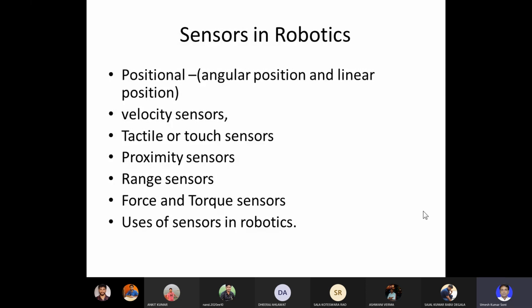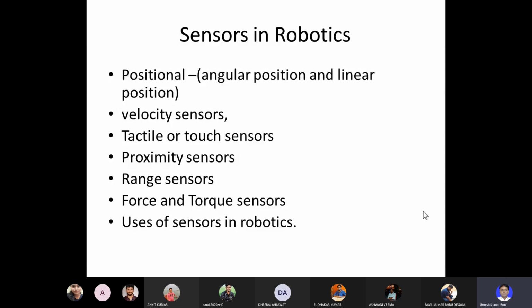So here you have different sensors in robotic systems. Position sensors, angular position and linear position, are sensed, and mostly the same sensors are used for velocity also.